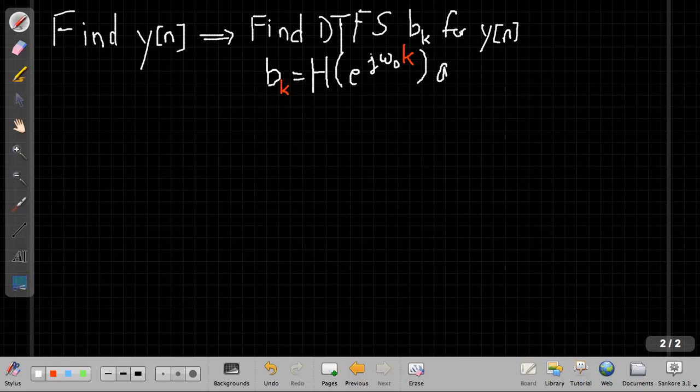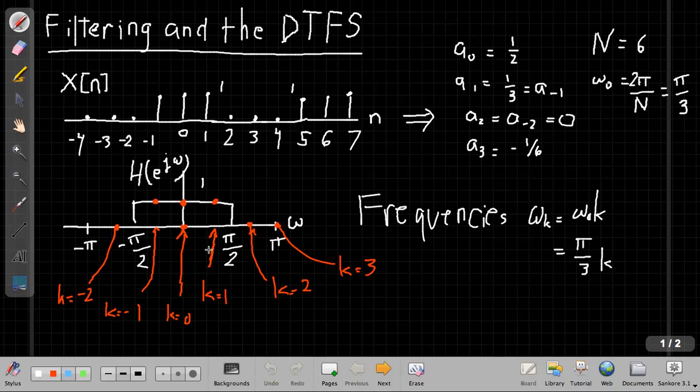So for each value of k, you take the input coefficient and multiply it by the frequency response evaluated at this frequency, omega naught times k. I take that back to this axis and ask, what was the value of h at that point for this value of k?